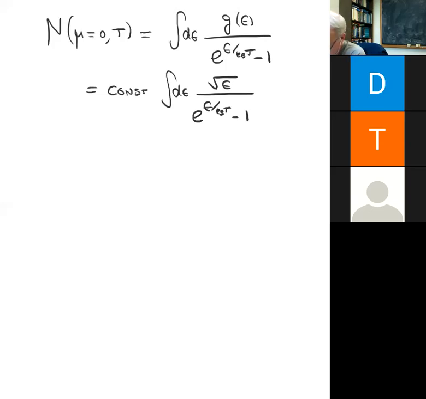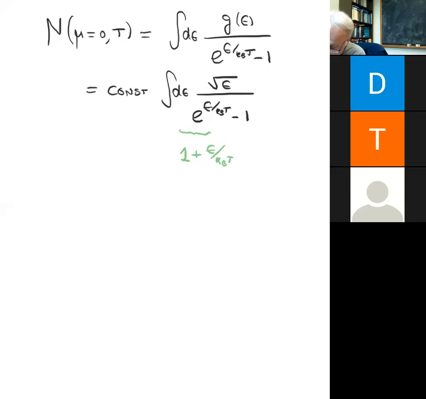The way you can see that this integral is actually perfectly well behaved is, the potential danger is near epsilon going to 0, because then this exponential is very close to 1. In this limit, the exponential is roughly 1 plus epsilon over k Boltzmann T. So if you subtract the 1, the denominator is roughly epsilon.